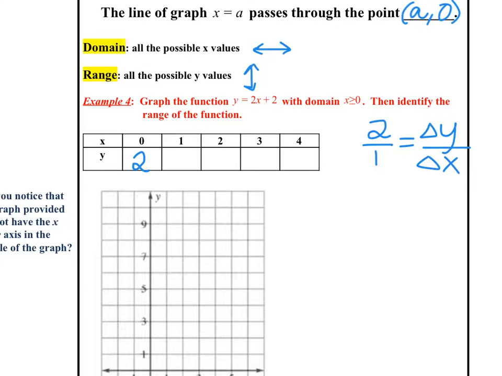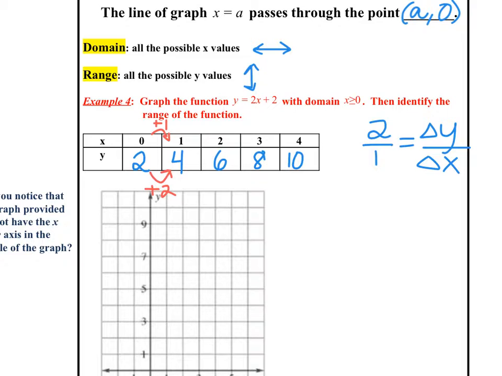So you should just fill in with a pattern, right? 2, and then 4, 6, 8, 10. The slope tells you it goes plus 2 when the x goes up 1. So you can do that without having to plug in numbers.